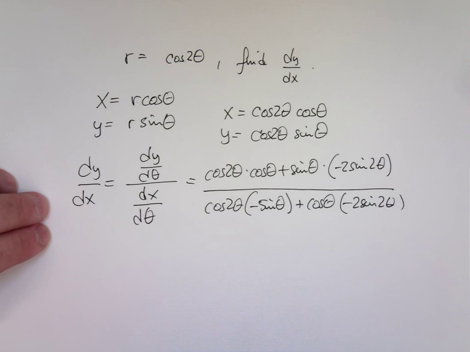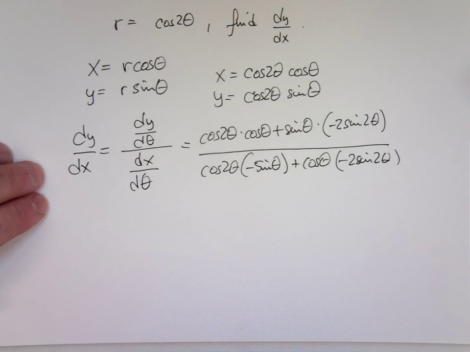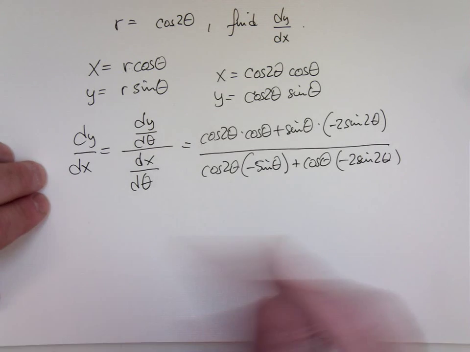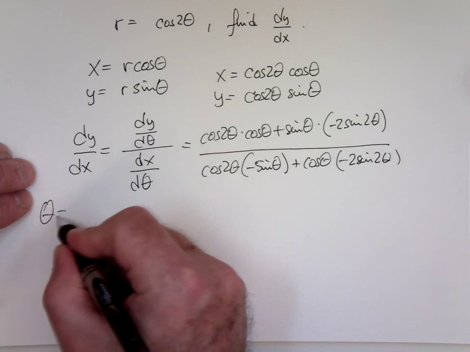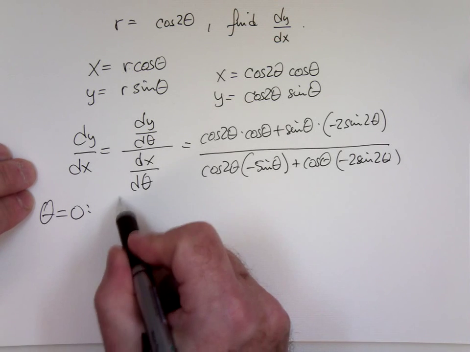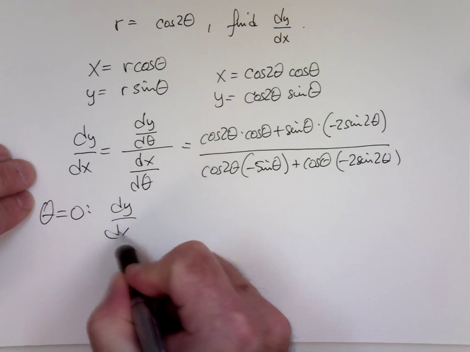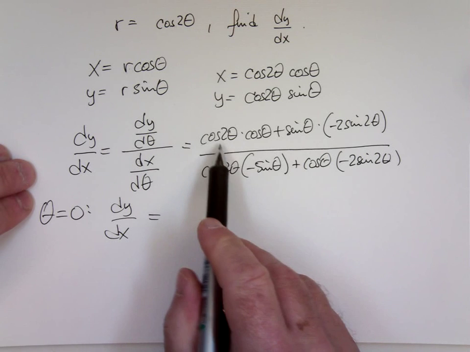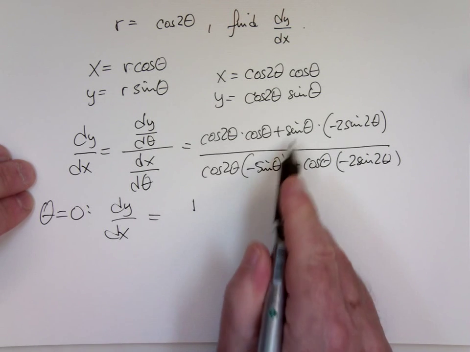It's really nasty. The only one that wouldn't be so nasty is if you had to find the derivative dy dx at theta equals 0, say. Okay, let's let theta equal 0. At theta equals 0, the slope of the tangent line is equal to 1 over 0.